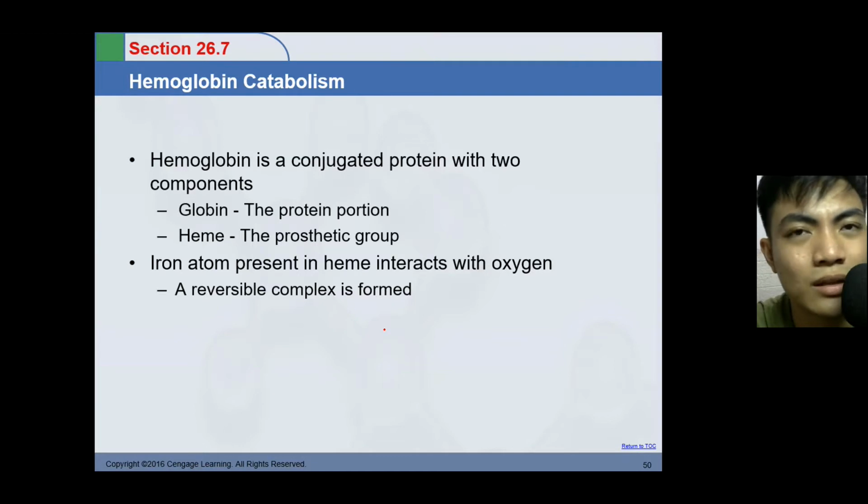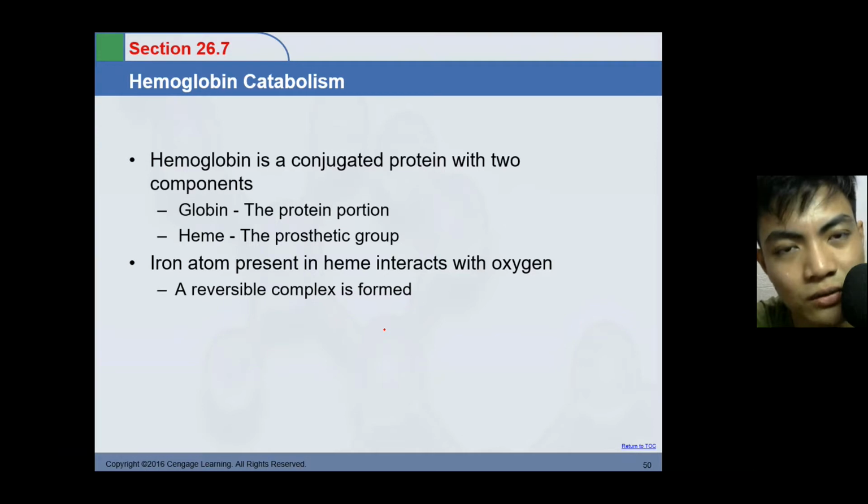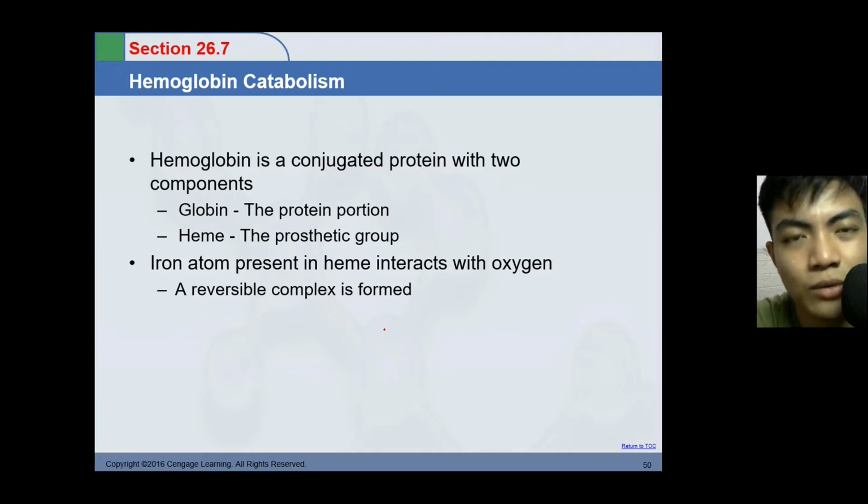So, 4 na protein yan. So, it's a tetrameric protein. And it contains a heme. So, the heme contains the iron, which makes the entire protein look what it is, no? So, kumbaga yung iron yung nag-hold sa kanilang lahat, no? And of course, iron can also combine with oxygen or CO2 so that our hemoglobin can transport these nutrients.